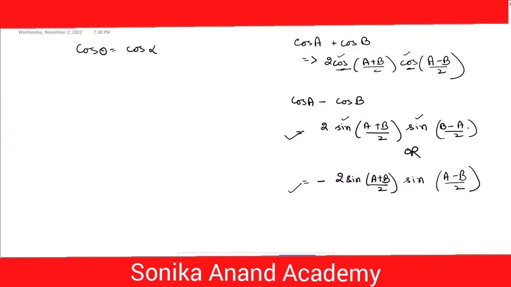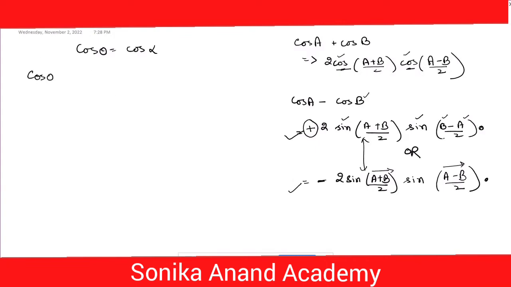Now what is the difference between these two? Why I have written this? Here you can see A plus B by 2, A plus B by 2. These are the same. But here, if we don't write minus, we write positive, then we have to write B initially, then A. But if I put the minus sign, just as you write A plus B, you write A minus B.